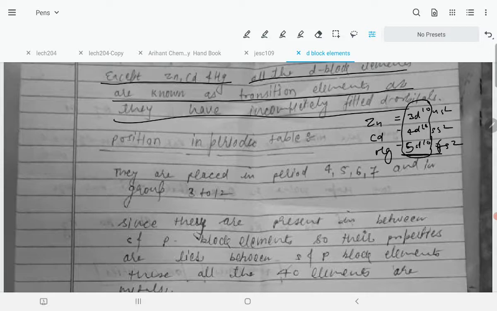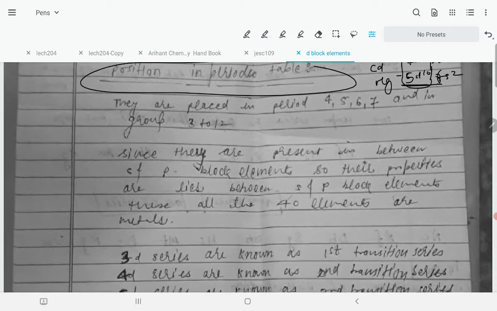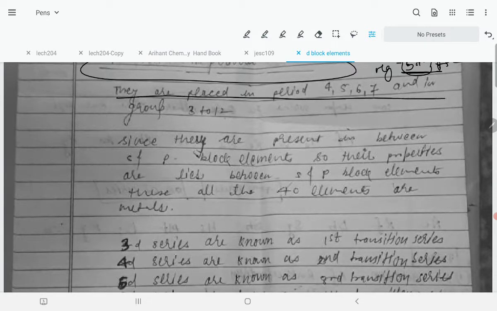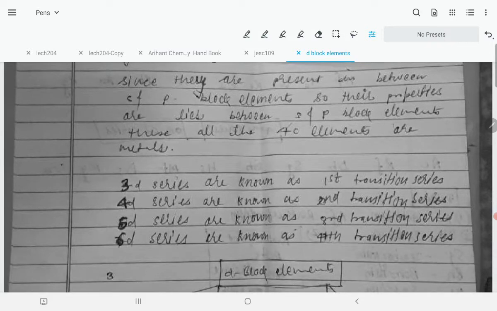Next, you can see the position in the periodic table. They are placed in groups 3 to 12, not 4 to 12, and in periods 4, 5, 6 and 7.